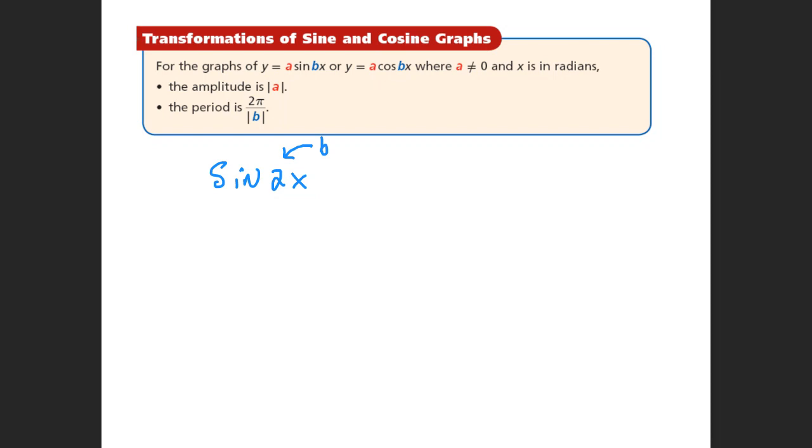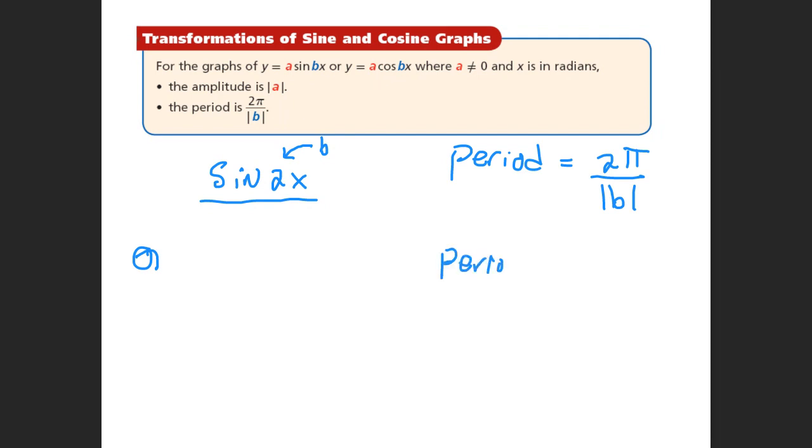Well, you plug it into this formula. Period is equal to 2 pi over the absolute value of b. So basically what that says is just make it positive. My b value is 2. So if I put 2 in here, the period is equal to 2 pi over 2, cross that out. The period of this graph is pi.